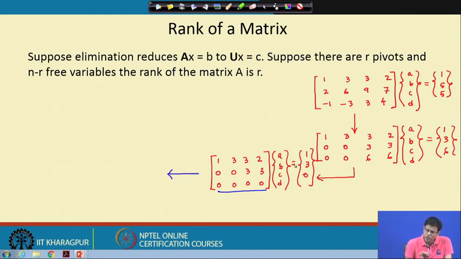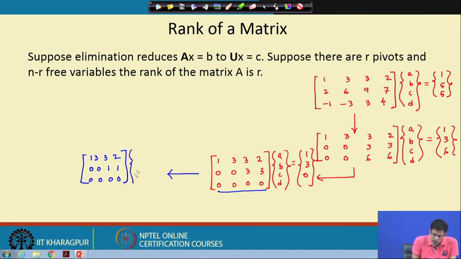I can actually divide by 3 this second row and find out the reduced form: 1 1 3 3 2, then 0 0 1 1 0 0 0 0, and then I can write it A B C D, and then I can write it 1 1 0.